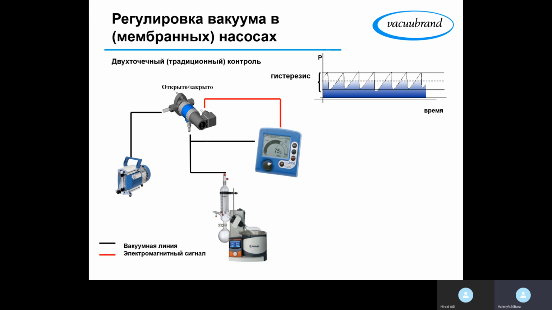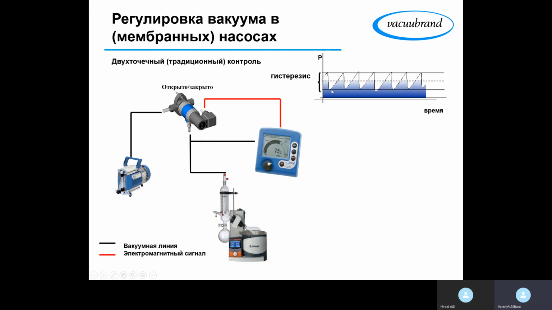Then it will boil only if the system reaches 75 millibar. But as we already discussed, we always have a leak rate in the system. So when the system reaches 75 millibar and the valve closes, the vacuum starts to decrease.